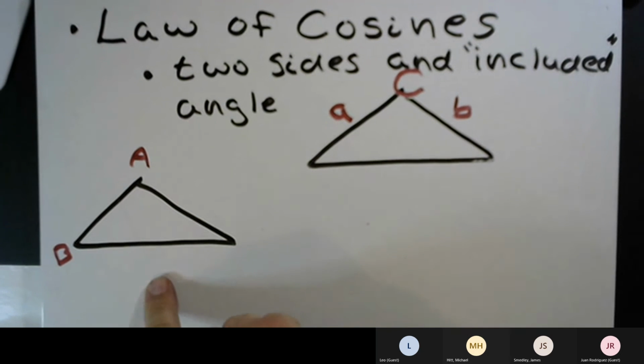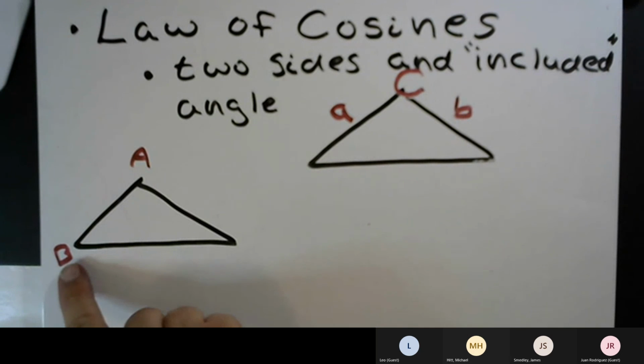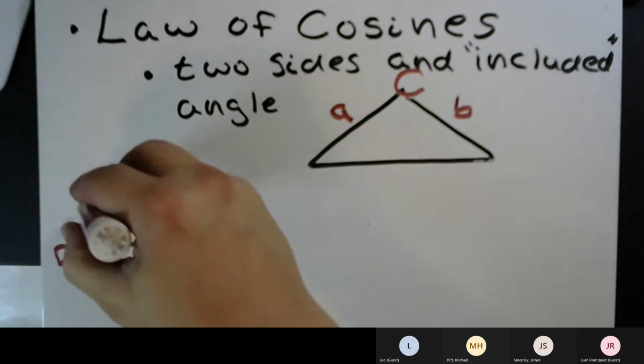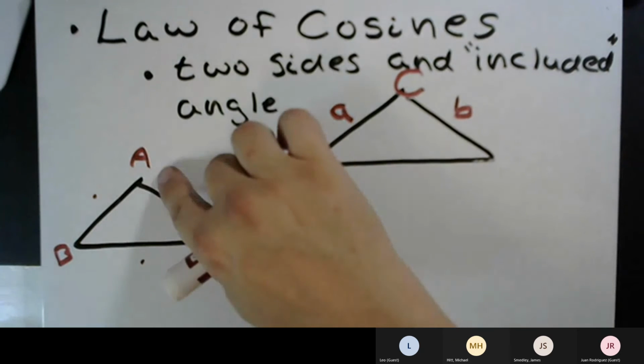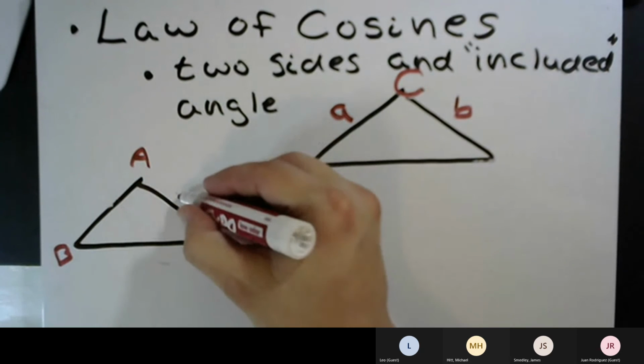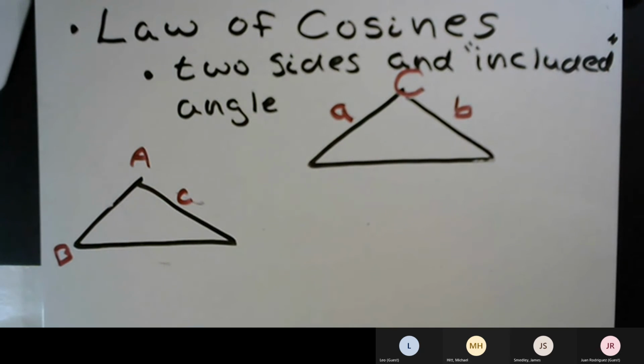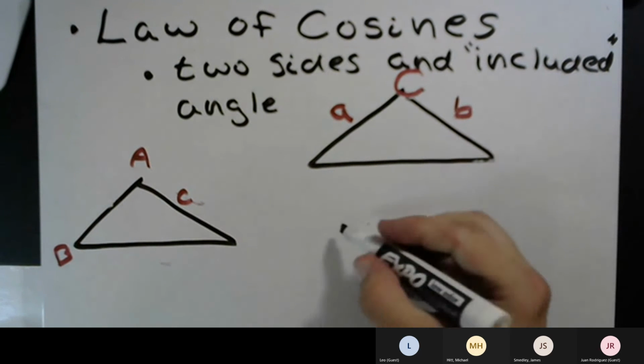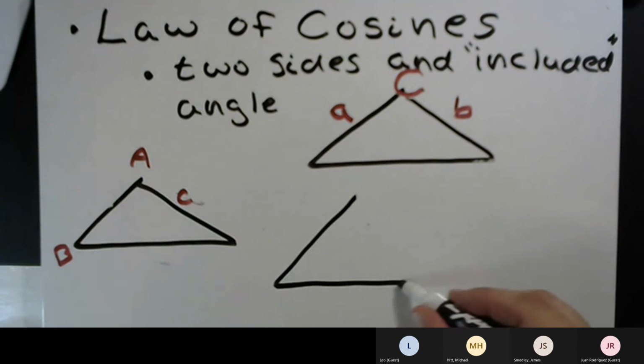I think I might have mixed up my angles and sides. I apologize. But with law of sines, you have 2 angles and you can have a side, or a side. So we could have something like side C. And then the other situation for law of sines, so I want to make sure this is correct.